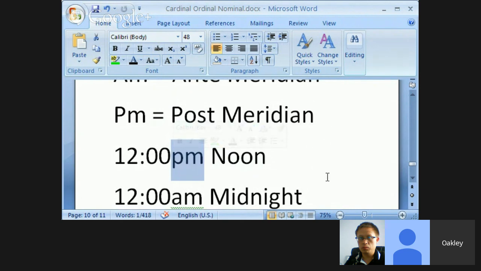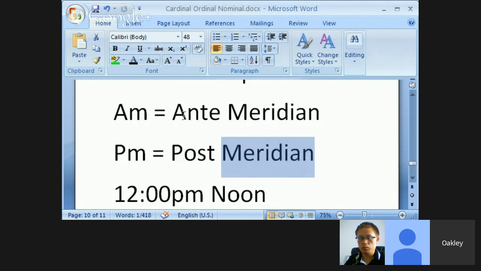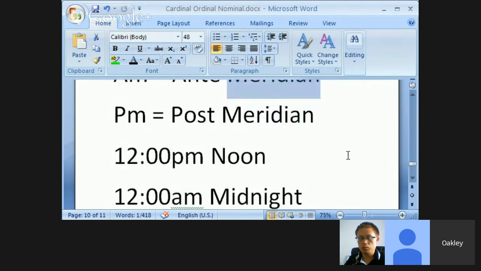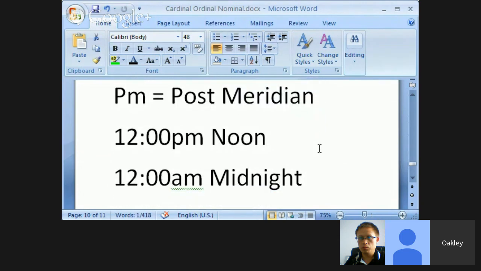Consider if it's 12:01, it's 1 minute past the meridian, the equal point. If it's 11:59 a.m., it's 1 minute before the exact noon point. So 11:59 a.m. is in the morning.